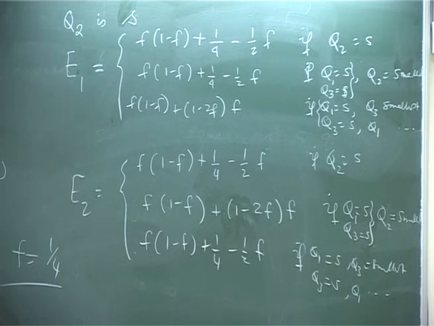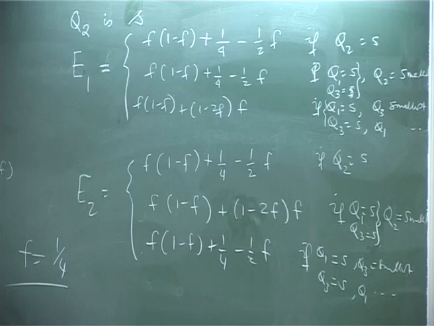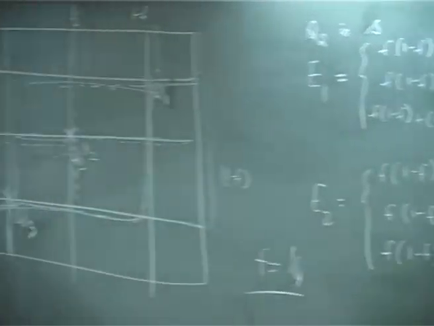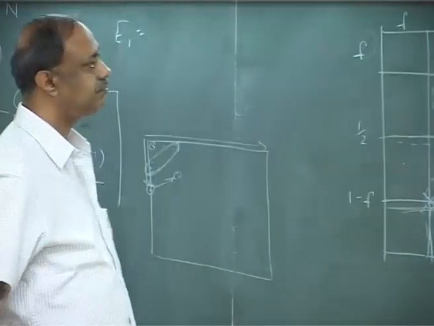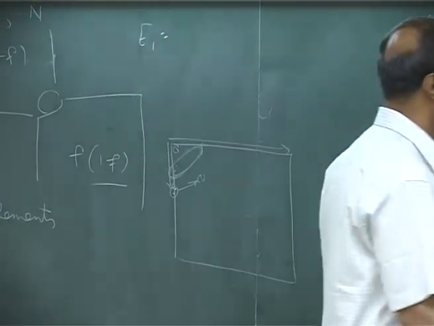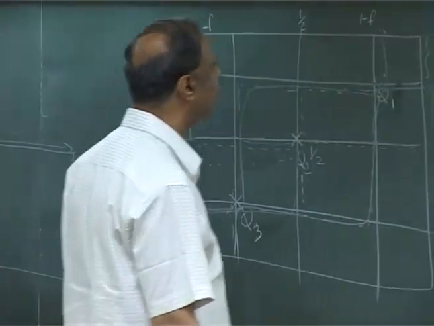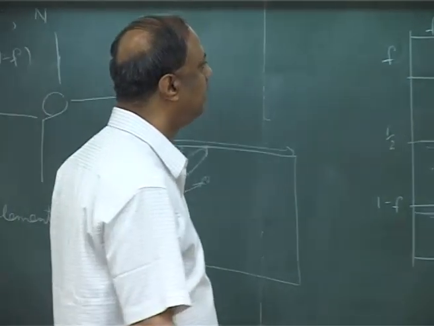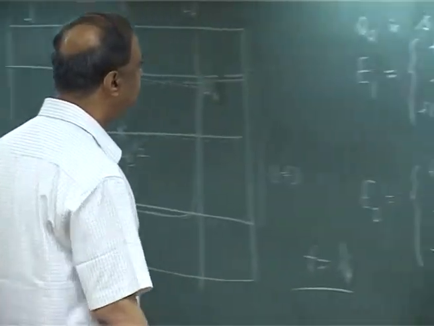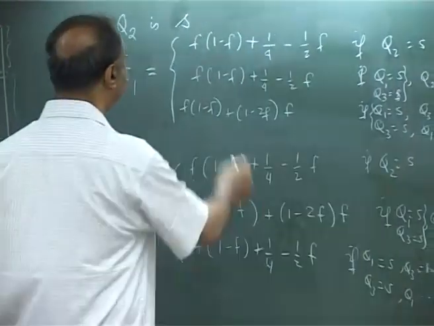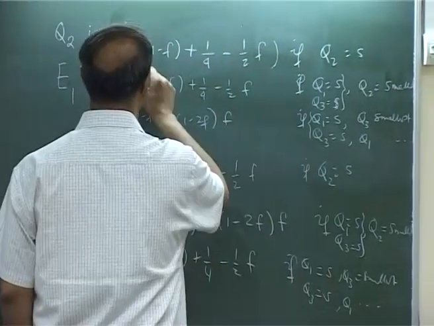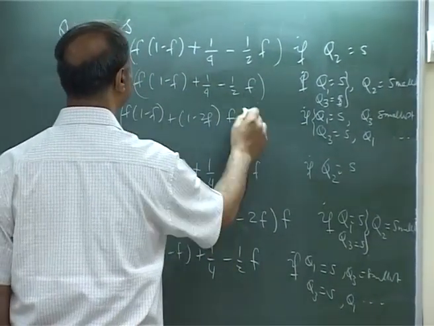So F is 1 by 4, and if F is 1 by 4, then what is the value of E1? What is the value of E1? And you remember this contains all of them and has one multiplicative factor. What is that?